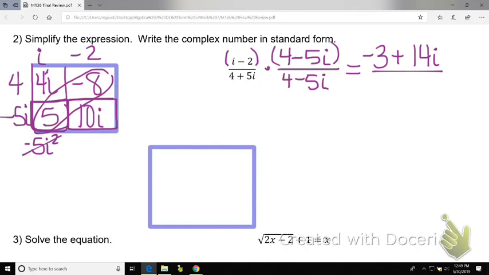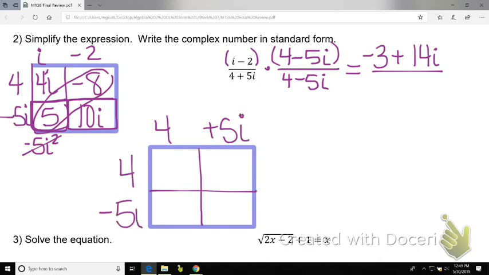And then for the denominator, we have 4 plus 5i and 4 minus 5i. So this is the one where our i terms should cancel each other out. So if we take 4 times 4, we have 16. 4 times 5i is 20i. 4 times negative 5i is negative 20i.